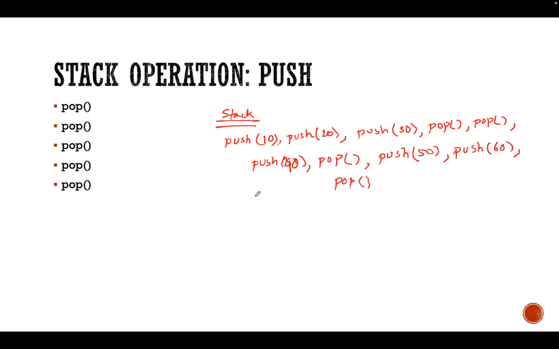All right, so we are starting with an empty stack, meaning nothing in the stack, and these are the set of operations we are running on the stack in order.